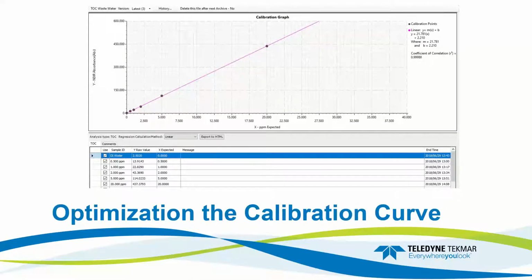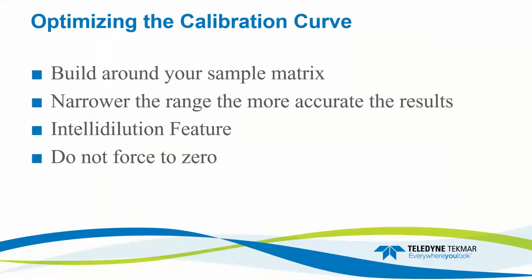One thing we have to look at too is optimizing the calibration curve. For low level, how do we do something like that? What do we need to do? Well, as analysts and chemists with analytical thinking, we need to build around our sample matrix.